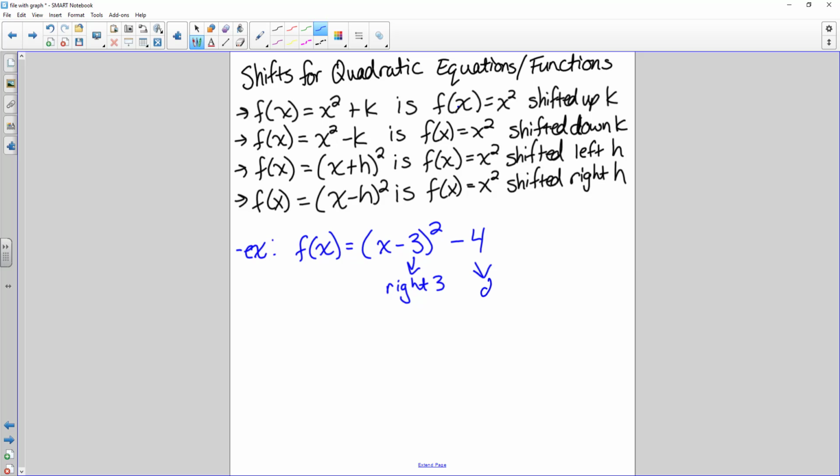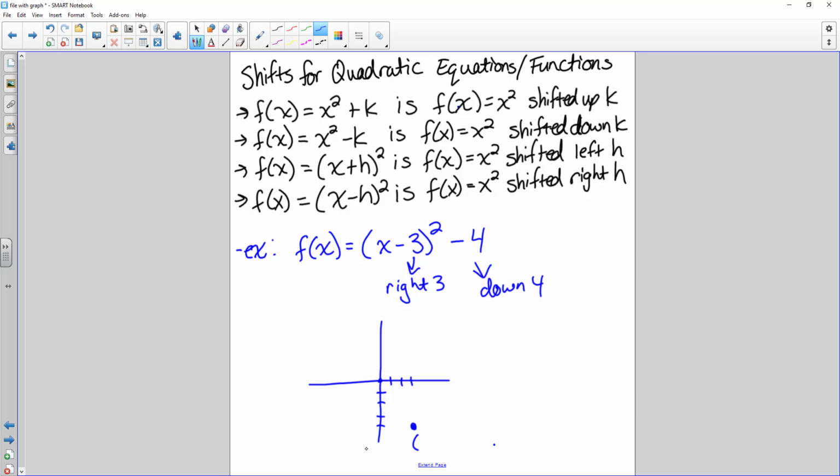And the minus 4 here means I'm going to go down 4. So I'm moving my general x squared graph. That 0, 0 vertex that I usually have, instead now I'm going to go to the right 3, down 1, 2, 3, 4. Now my vertex is right here.